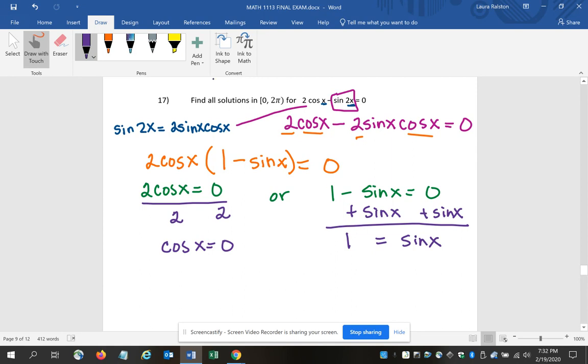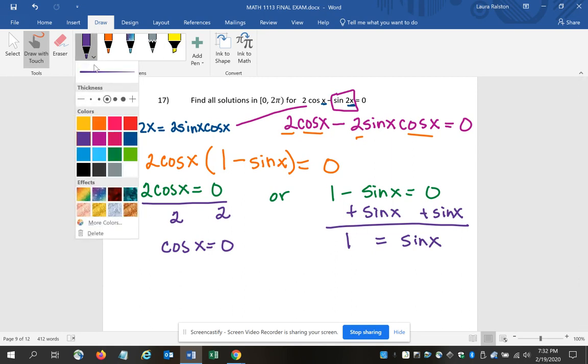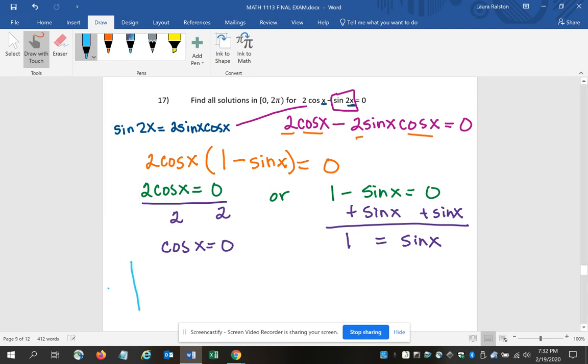So the question comes here, where on the unit circle does cosine equal 0? So I need to picture the unit circle. Okay, the cosine corresponds to x values. And so at this point, which is 0, I have the ordered pair 1, 0. At this angle, which is pi halves, I have 0, 1.